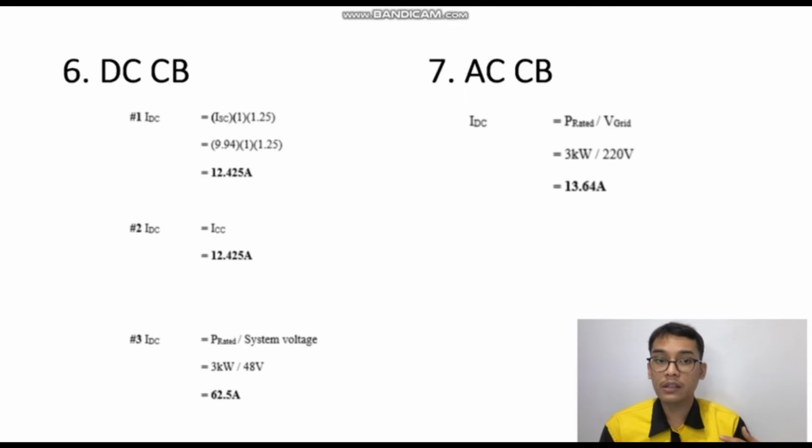Our P rated is 3 kilowatt and our system voltage is 48 volt, so we need to use a DC circuit breaker of 62.5 ampere. And for our AC circuit breaker, we only use 13.64 ampere. So those are all the important values and parameters needed for Encik Hamad's house.